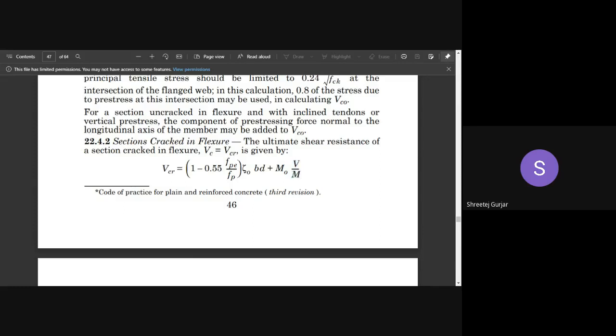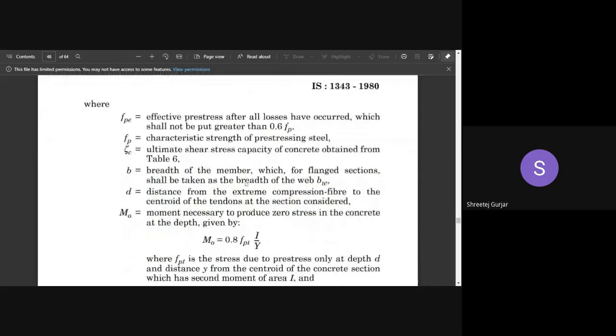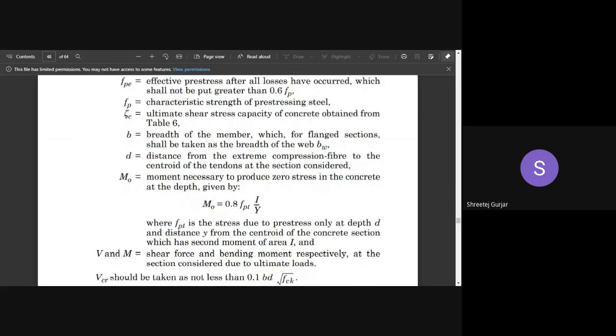Now M naught, what is M naught? We shall check. I have explained all these things, effective pre-stress after all the losses. Now what is M naught? M naught is the moment necessary to produce zero stress in the concrete at the given depth, wherever you want to calculate.